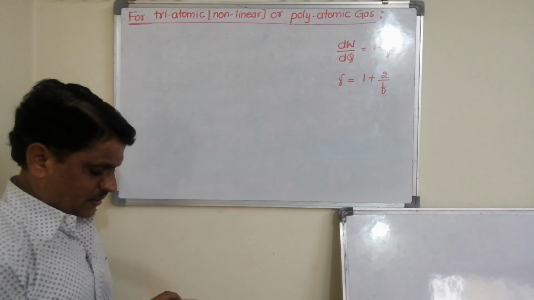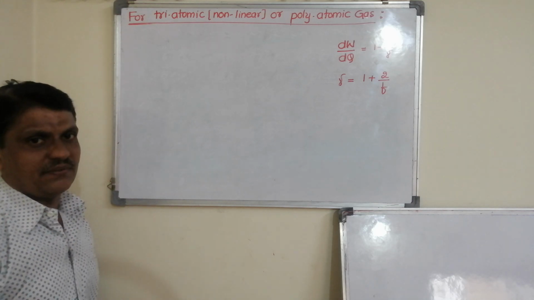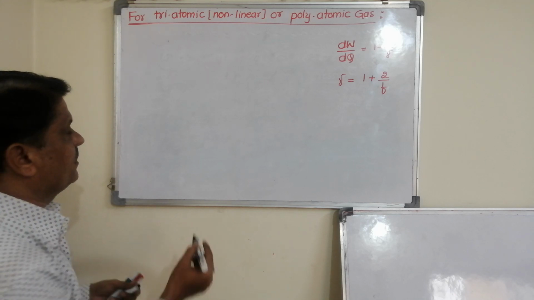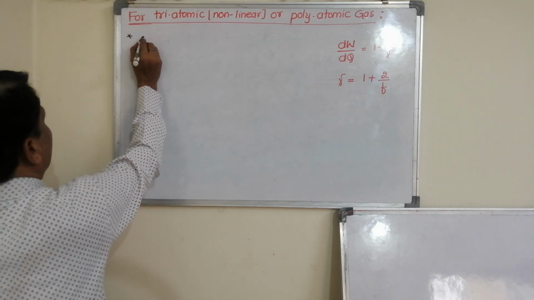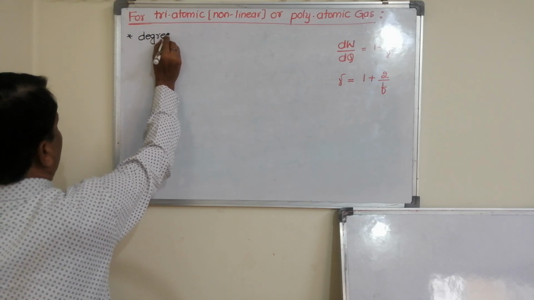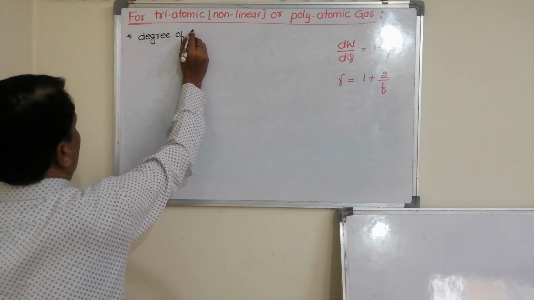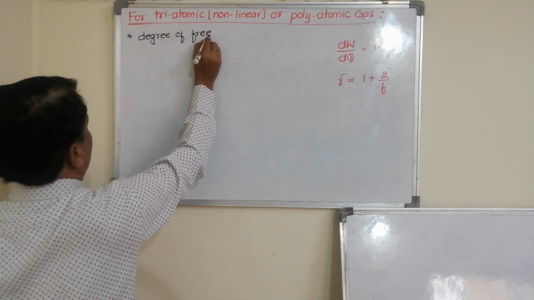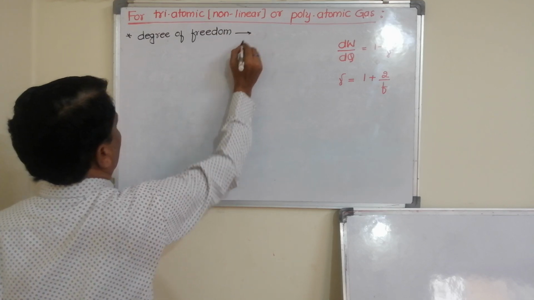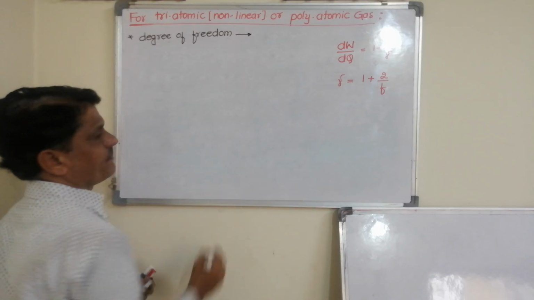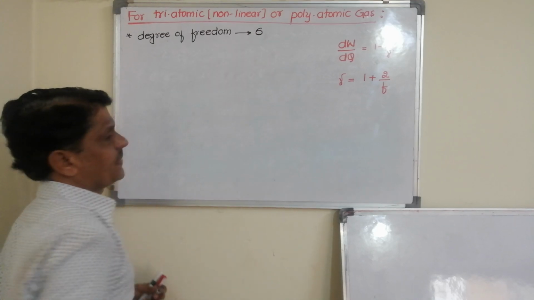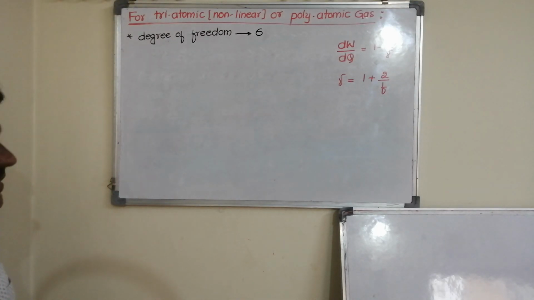Right. So those who have not understood the previous two, I will go step by step for this. You can understand here. So first, degrees of freedom. So we know that for triatomic, non-linear or polyatomic, number of degrees of freedom are 6.